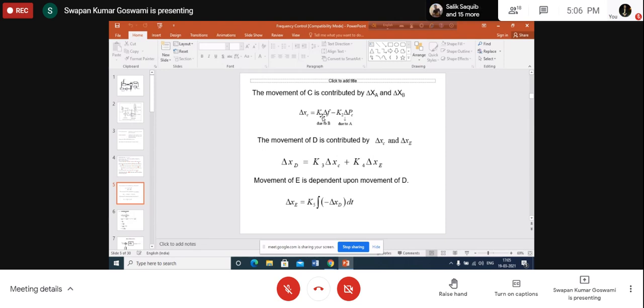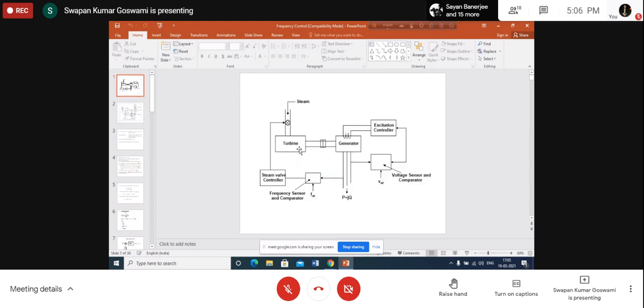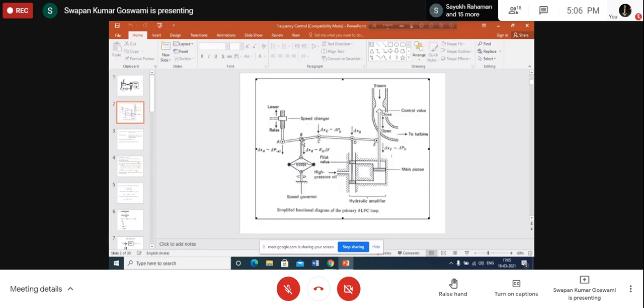Similarly, K1 delta F represents the movement of B. How is it representing the movement of B? How may the position of B be changed? Obviously, it may be changed by the change in the speed of the fly balls. There is no other alternative. The position of B may only be changed if the speed of the generator changes.